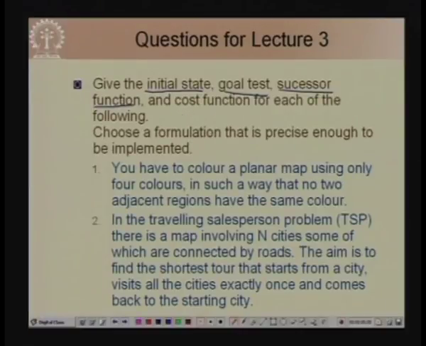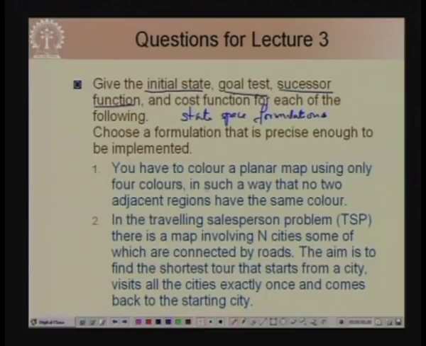You must choose a formulation. So you must also of course give the state space formulation and discuss how a state is represented. So you must choose a formulation that is precise enough to be implemented.